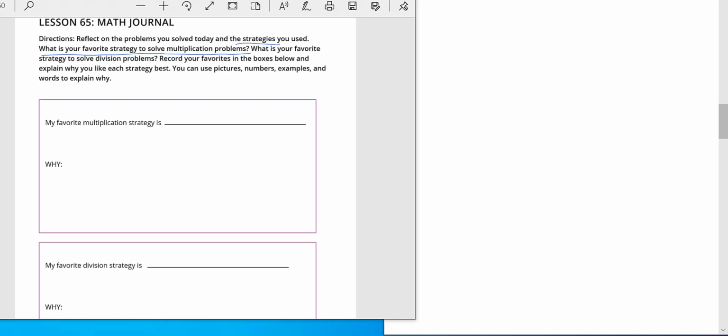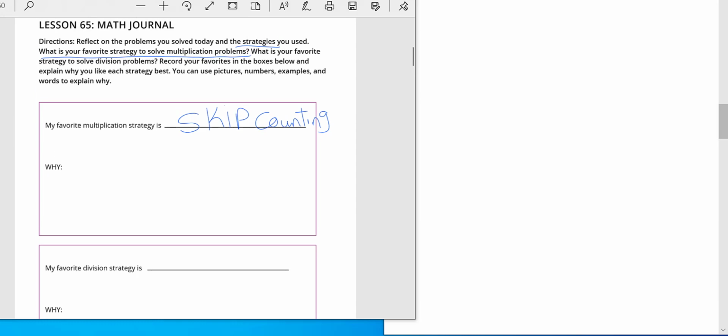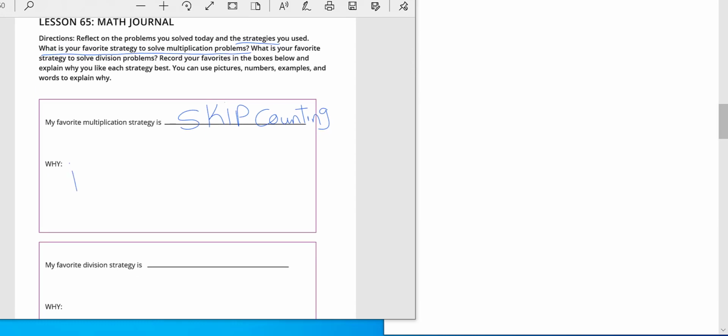So we can say that skip count, or if you like the properties, you can write properties, and write the reason, that it is an easy strategy, or simplest to use.